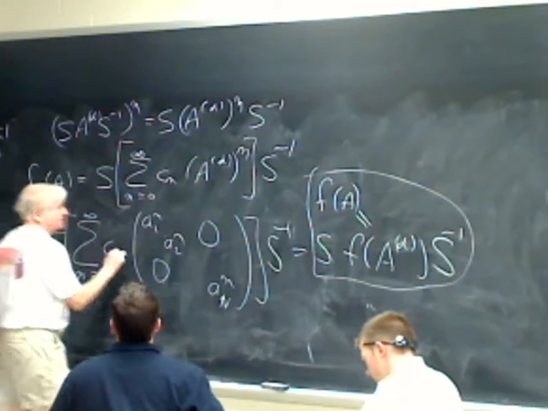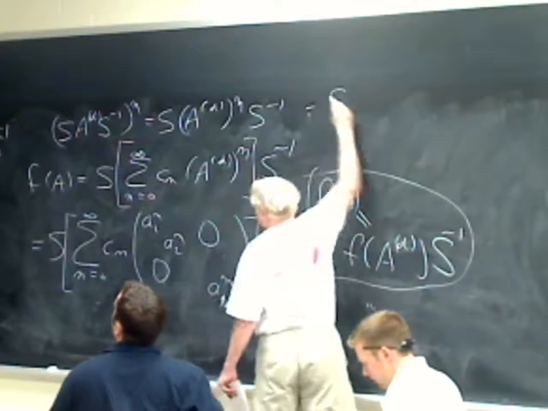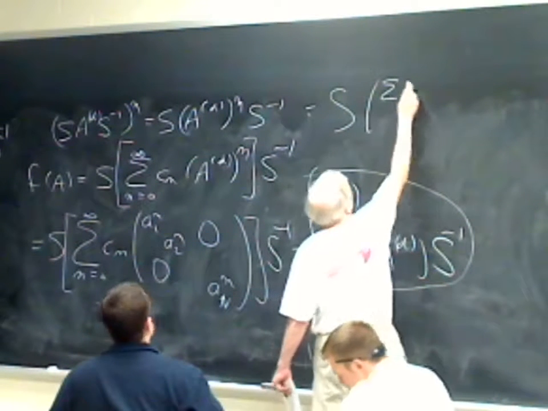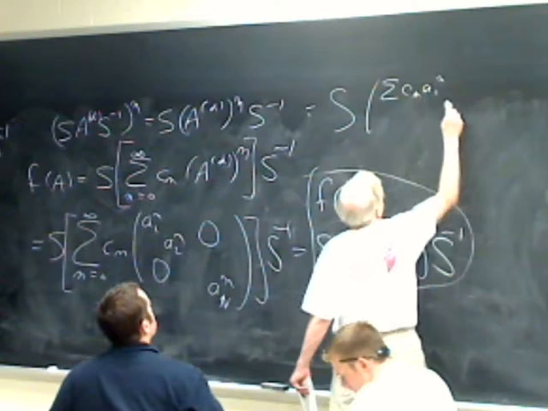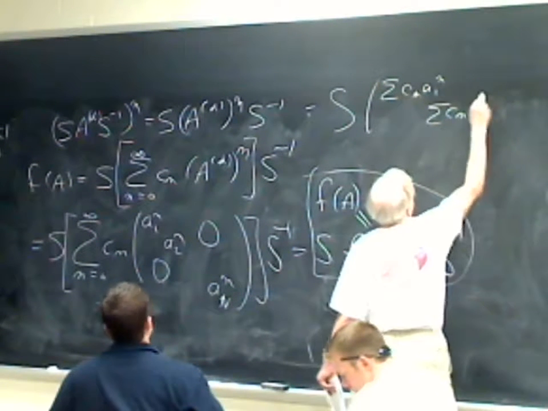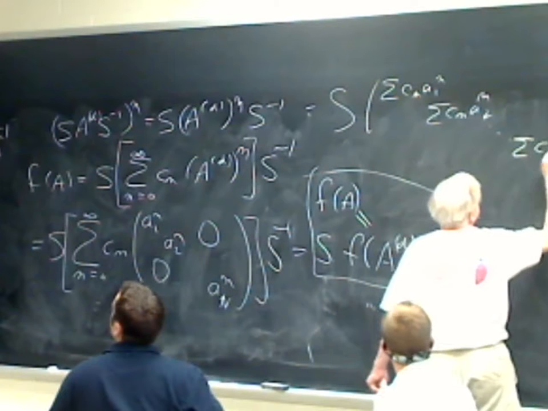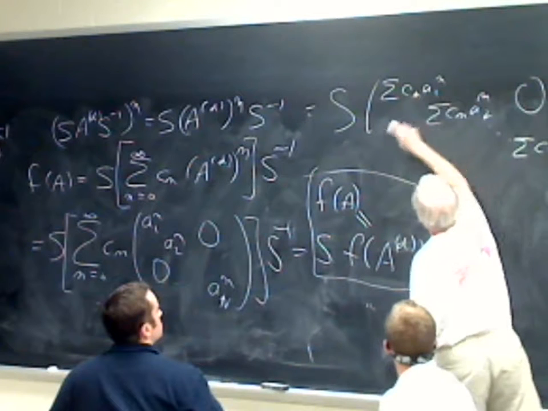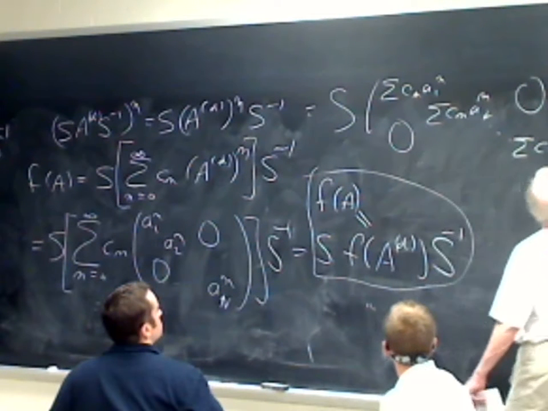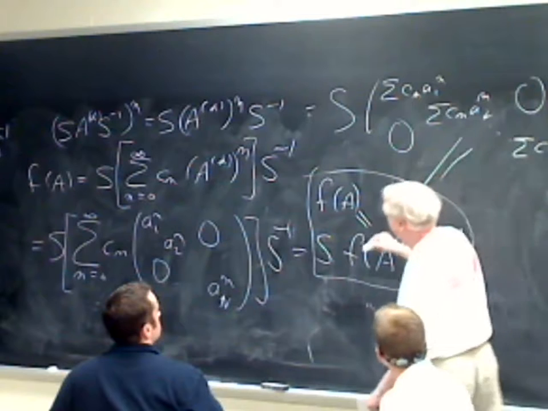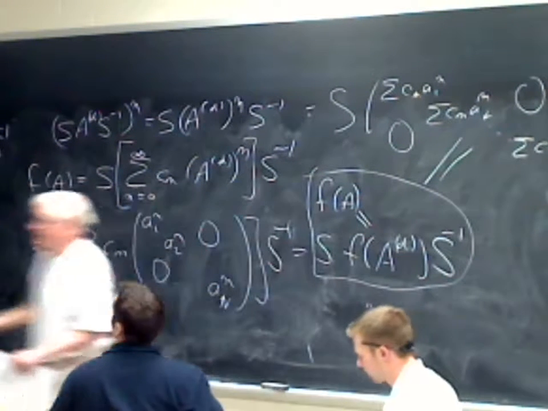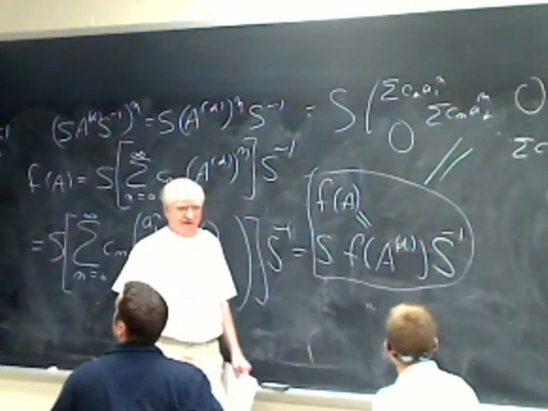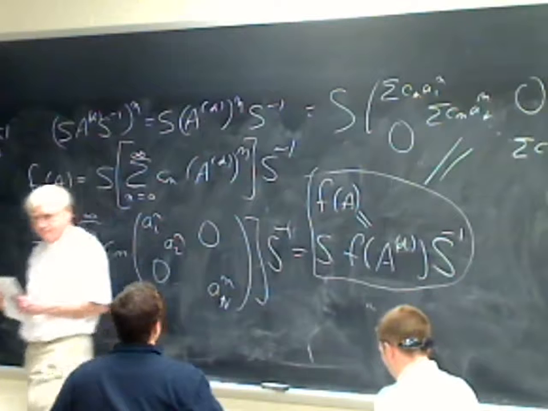So this thing is equal to S sum Cn a1 to the n, sum Cn a2 to the n, sum Cn an to the n, zeros, S inverse, which is equal to this, which is that. Okay, is that all right?